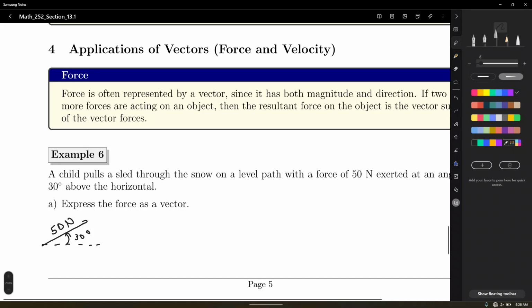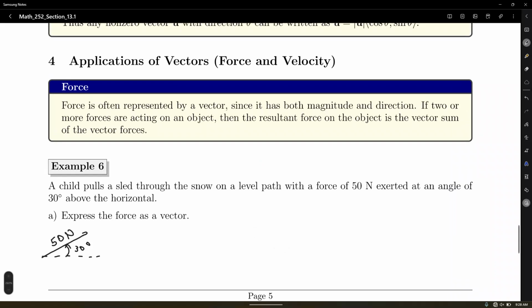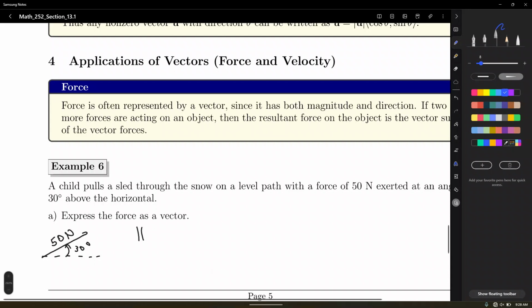We're given the magnitude, we're given the angle. In this case, they're not telling us 3i plus 9j. No. We have to create the vector using the trigonometric representation, which we just discussed in the definition above. So the magnitude of v, let me call it v, is 50.